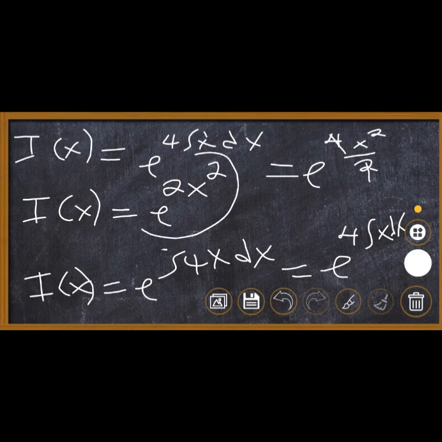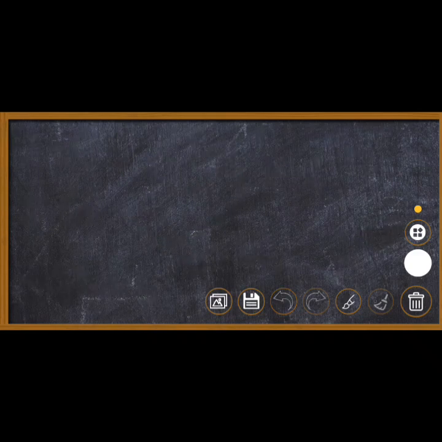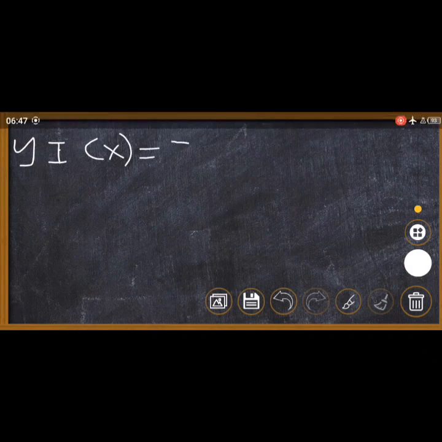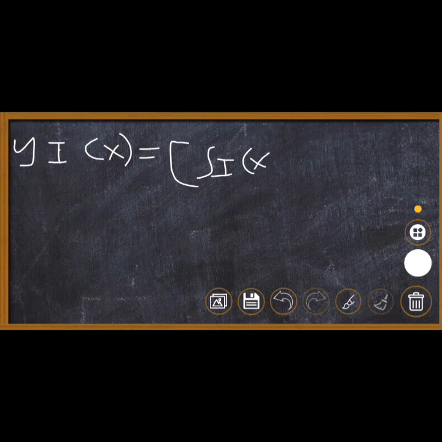So in this case then, this is our integrating factor. After you are done with finding the integrating factor, you go and replace in the general equation where you have integrating factor of x equated to the integral of integrating factor multiplied by q of x dx added to a constant c.